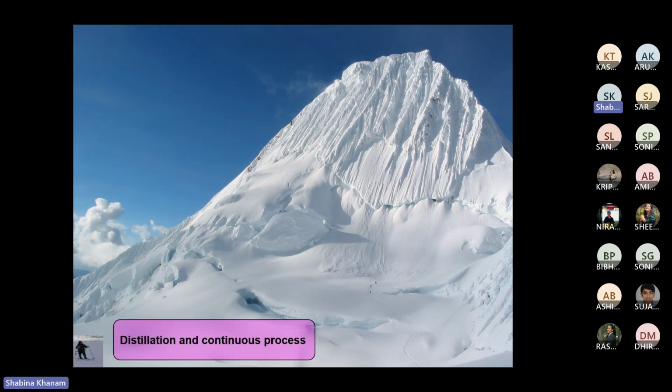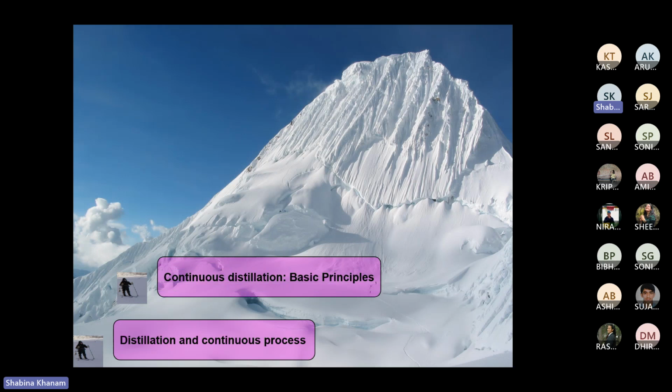With the distillation column we will start from the basics. We will discuss distillation and the continuous process, and here we will revise the concepts which you are already aware of, which you already know, from the mass transfer course. Only a summary we will cover here.